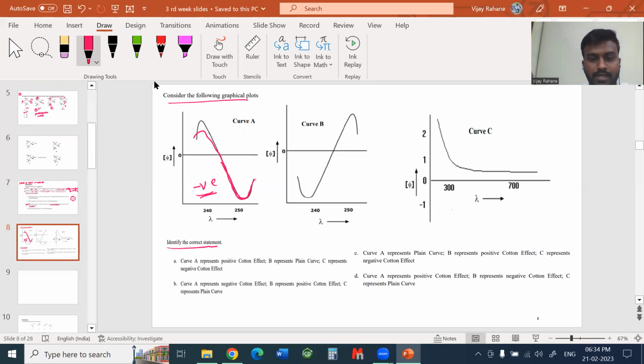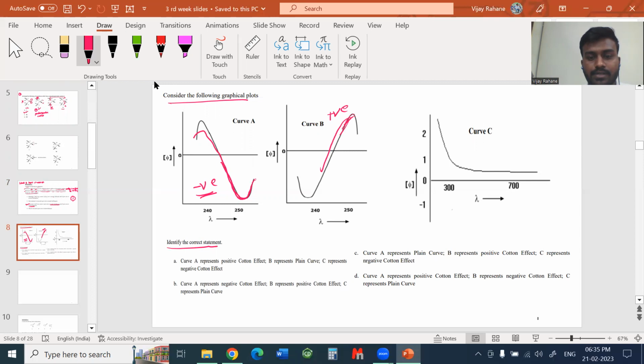The B curve represents, as you can see here, a positive Cotton effect, right? Because first it lies above this plane, right?